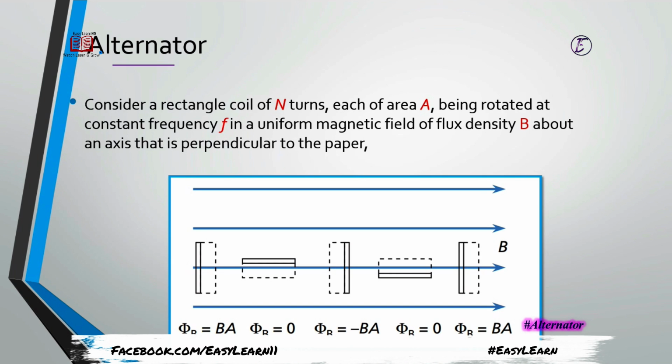So let's start from the basics. Suppose this is a front view of the coil. This is the coil, and we are going to discuss the front view. This is the north and suppose the south pole here, with magnetic field lines. But this is the side view.